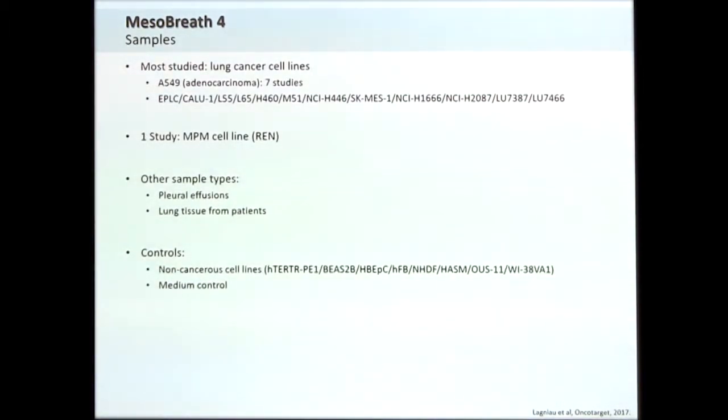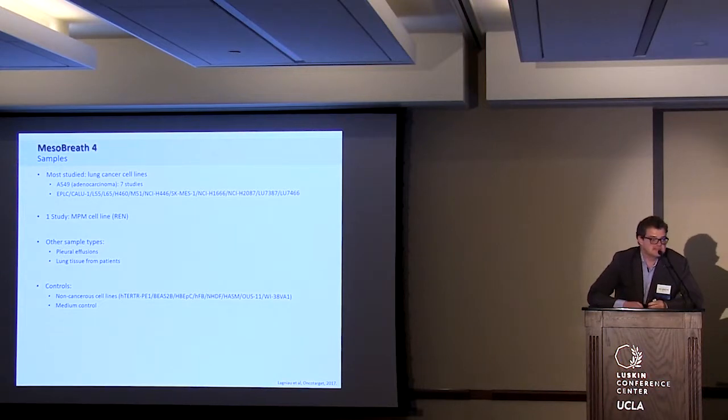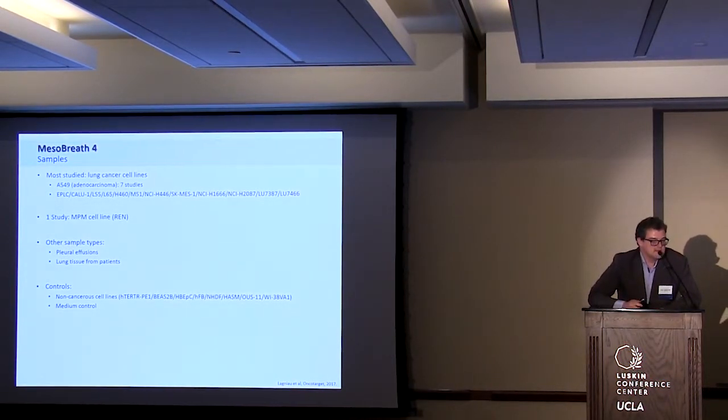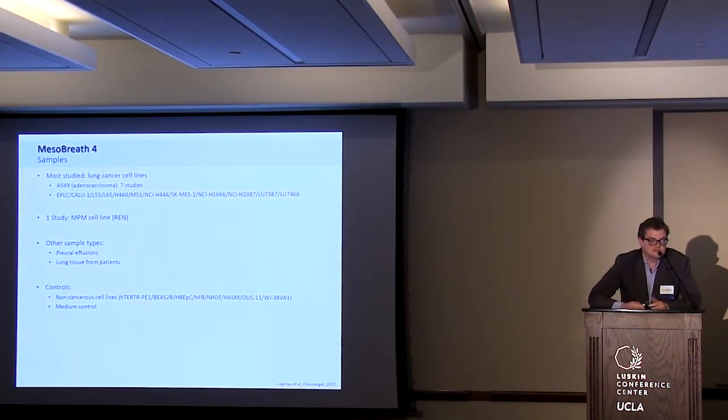So there really was a gap in doing headspace analysis with these mesothelioma cell lines. There were some studies doing other sample types, for instance, pleural effusions, or used lung tissue to extract these compounds. And as controls, most used non-cancerous cell lines, or just a medium control to compare the results with.